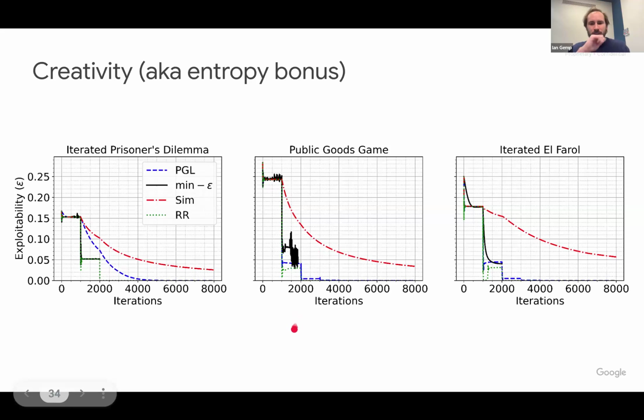It just fails because of numerical issues. Round robin, though, works well in all cases and gets down to 0 exploitability. But this is just showing you convergence to Nash equilibrium. In these games, there are many Nash equilibria, so we need to look at what equilibrium these algorithms are converging to.